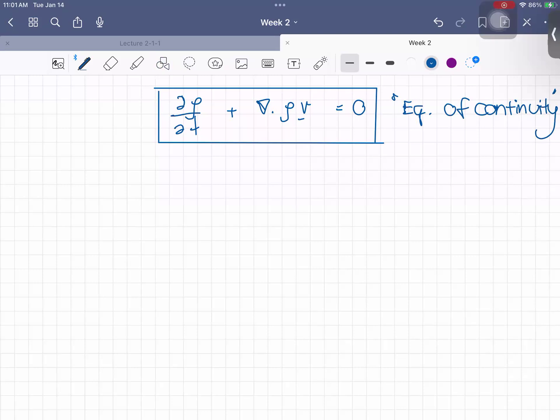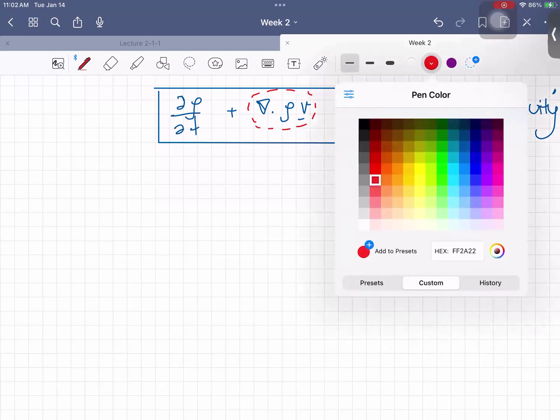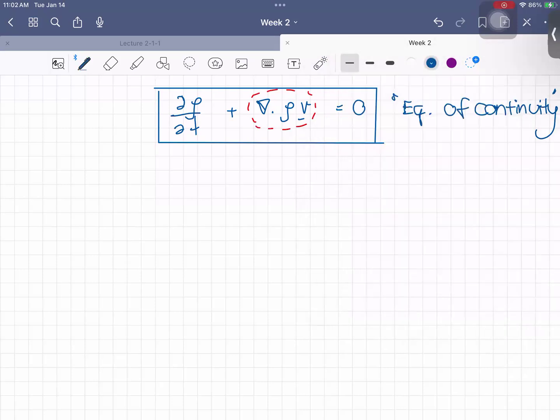Last but not least, it's not completely done yet. Let's focus on this term right here. We can actually transform it into another form. If we recall this term, ∇·(φA), it's coming back again from last week.